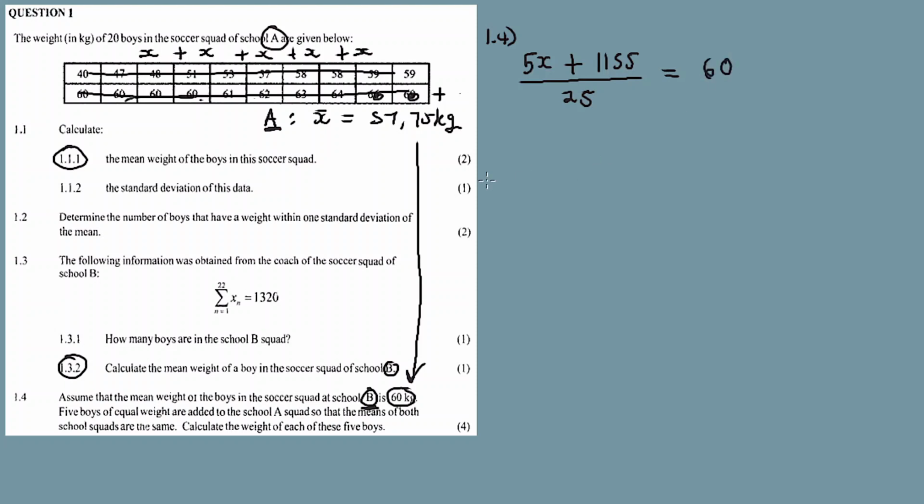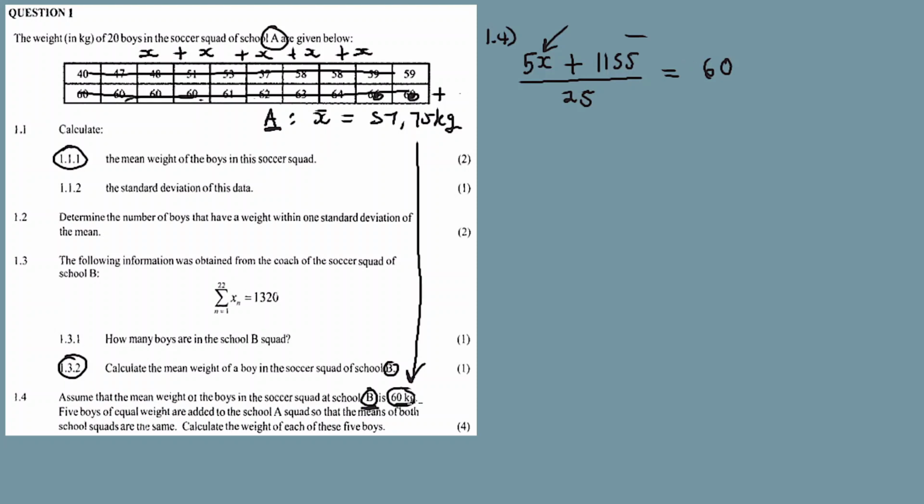Remember, 60. So since we must calculate x, we set up the equation: 5x plus the weights of the already 20 boys, divided by the total number of boys, equals the mean.